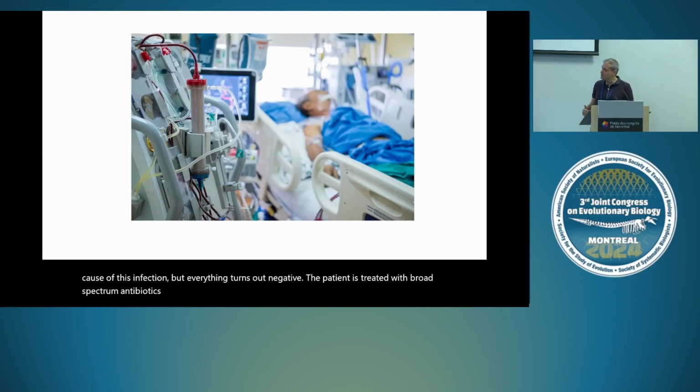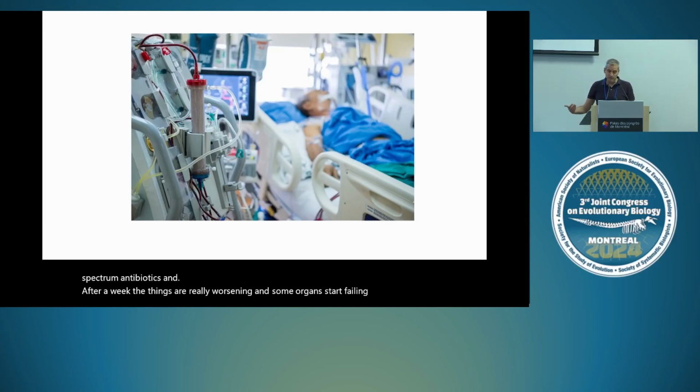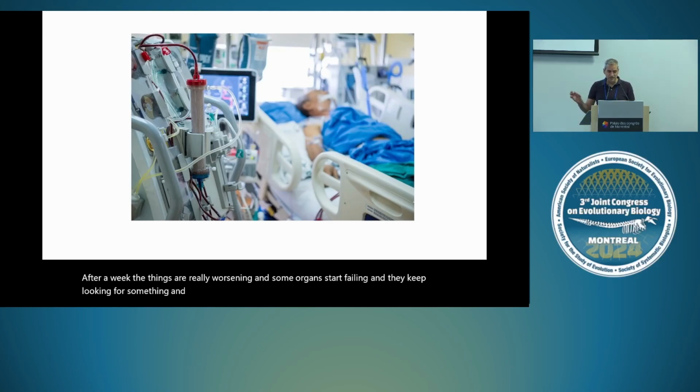And after a week, things are really worsening, and some organs start failing, and they keep looking for something, and someone noticed there are some yeast-like colonies in some of the cultures. And so they start suspecting a fungal infection. They treat the patient with antifungals. They try to identify the species that is causing the infection, but everything is a non-albicans Candida species, and there is no clear identification of the species.